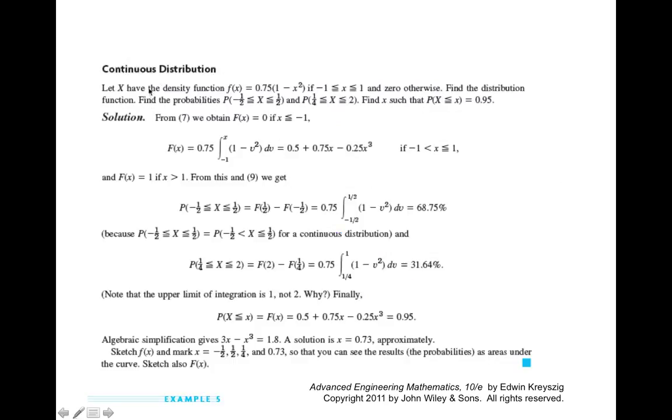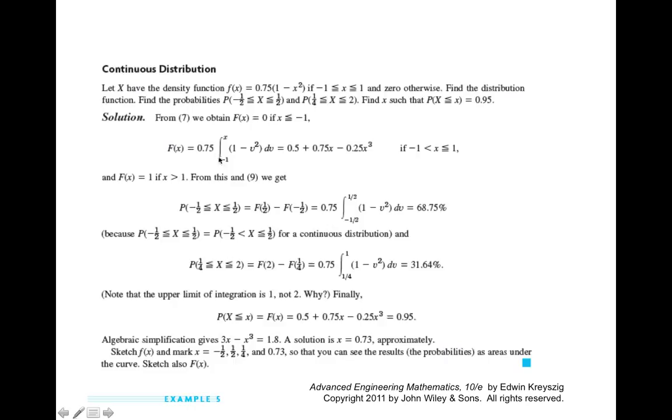So if we want to look at an example, let's say x has the density function little f of x equal to 0.75 times (1 minus x squared) if x is between -1 and 1, and it's 0 otherwise. So if we want to find the distribution function, then basically if x is less than -1, F of x is equal to 0. So we don't even have to start our integration until we get to -1.